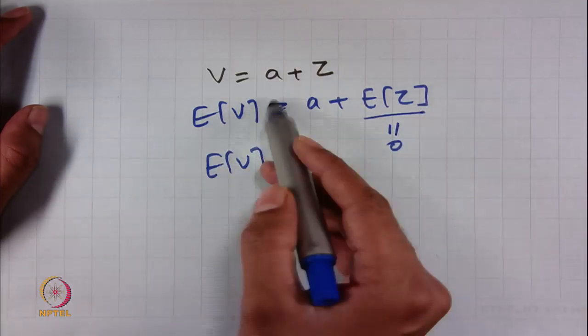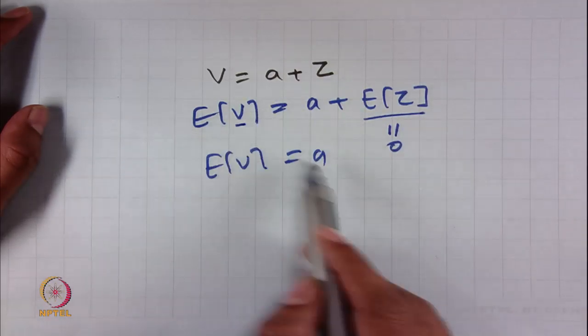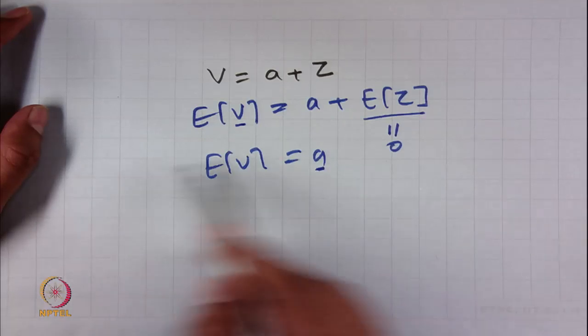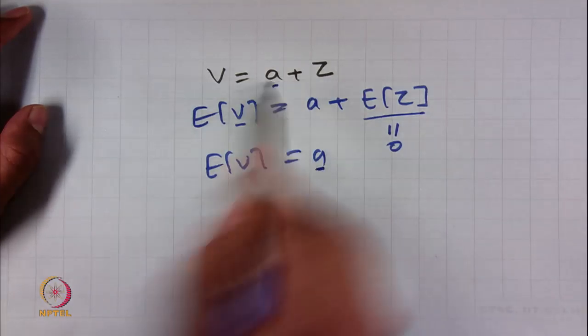So, mean of this random variable is simply shifted at around the value of the deterministic signal.